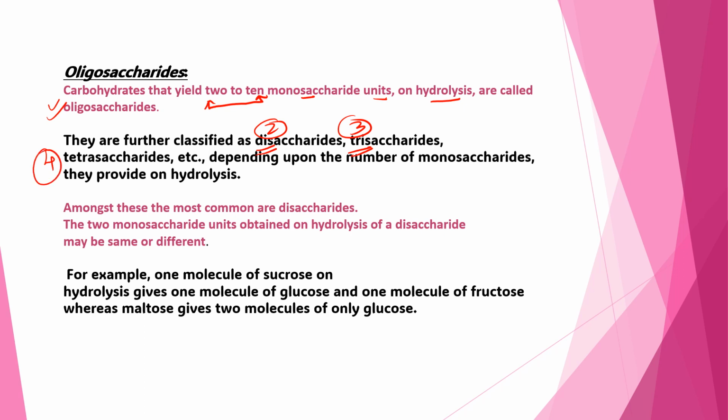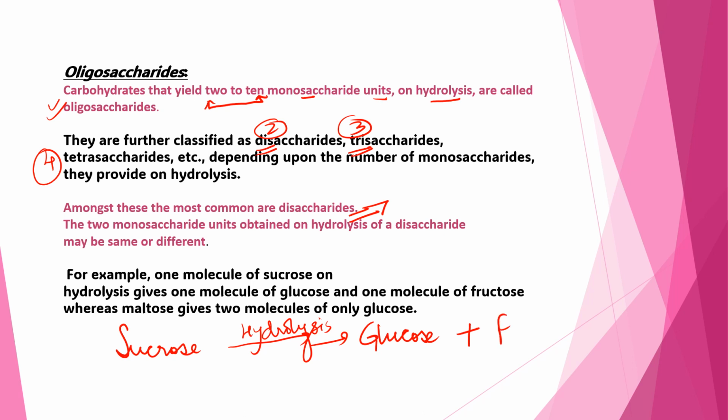Among these, the most common are disaccharides. The two monosaccharide units obtained on hydrolysis of a disaccharide may be the same or different. For example, 1 mole of sucrose on hydrolysis gives 1 molecule of glucose and 1 molecule of fructose.